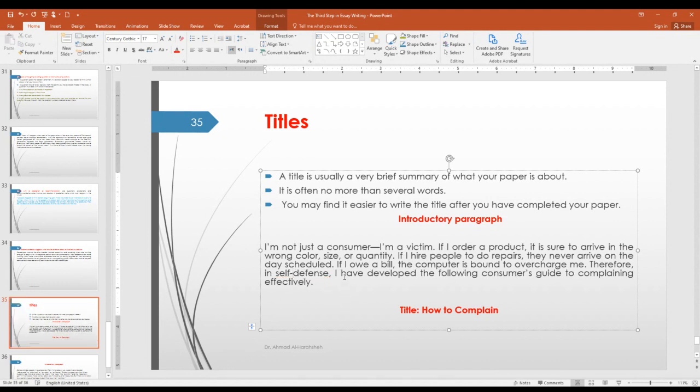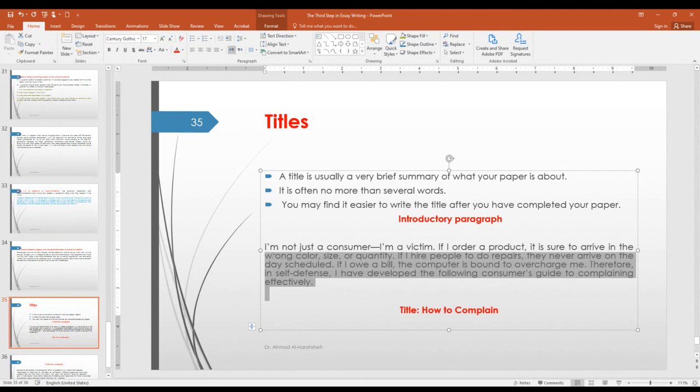So the most important issue here, by the way, is that this is an indirect thesis statement. Again, in the future, inshallah, you can write a direct thesis statement or indirect thesis statement. Both are acceptable. But for the purpose of this essay, because I'd like to teach you how to generate ideas, I'd like you to use the direct thesis statement, right?